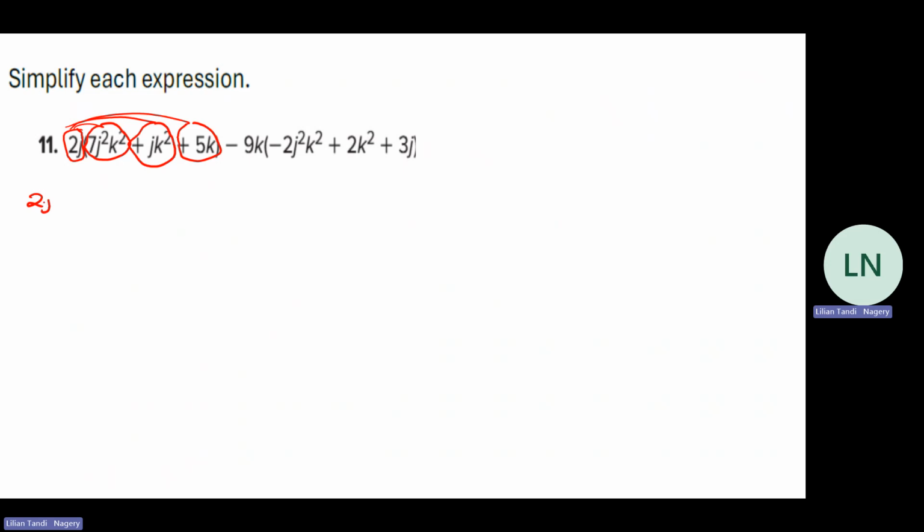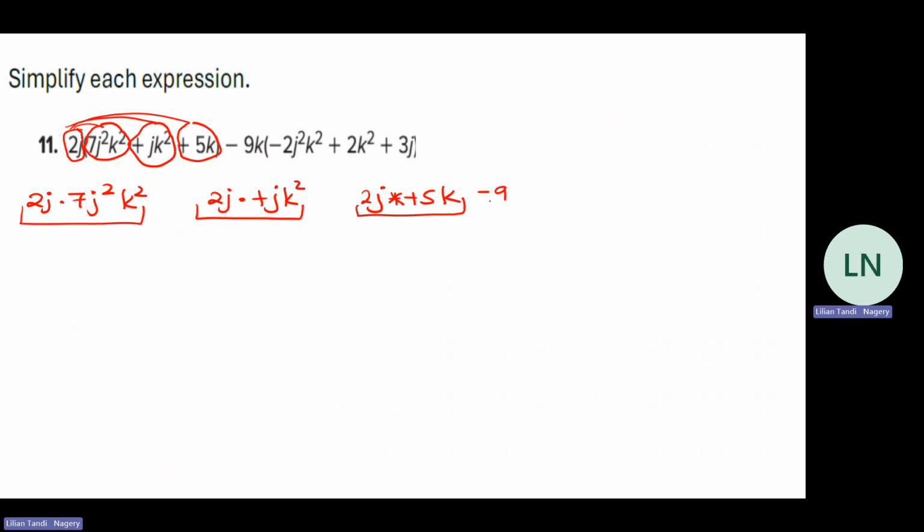So 2j times 7j squared k squared. 2j times positive jk squared. 2j times positive 5k. Then we do negative 9, negative 9, negative 9.